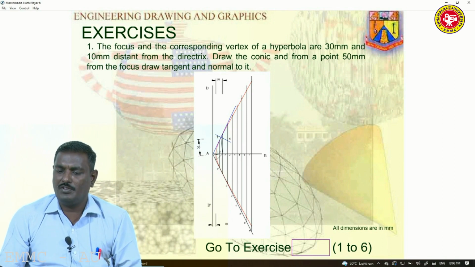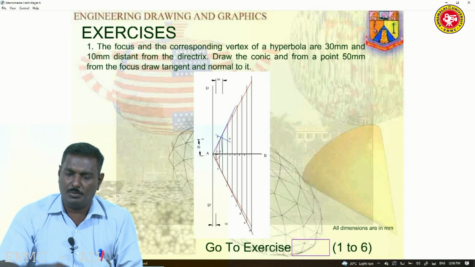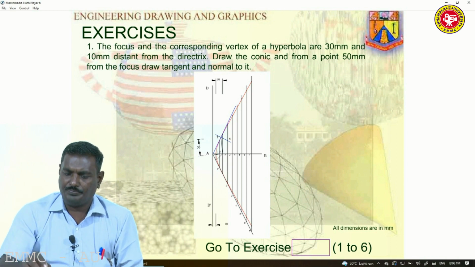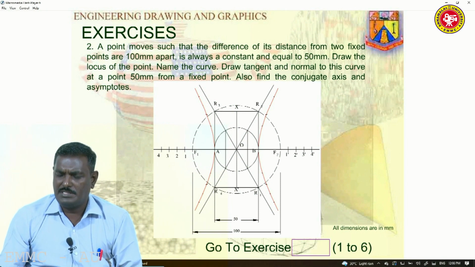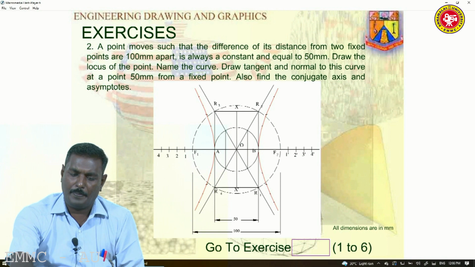The same method is followed here to construct the hyperbola. This is the intersecting method, which is similar, but the technique of construction is different, though the final output is a hyperbola.